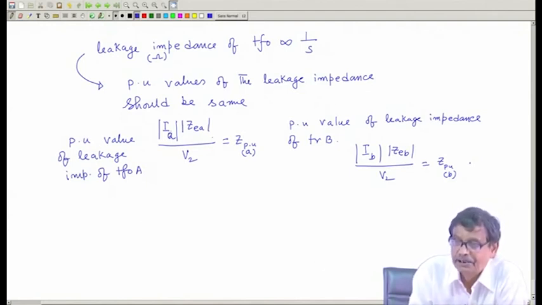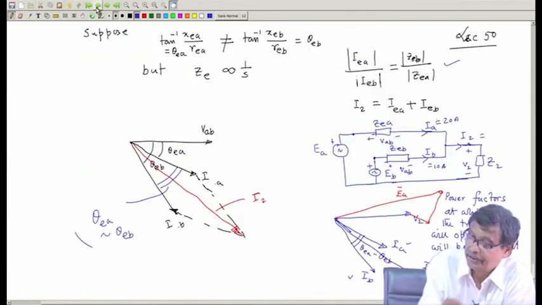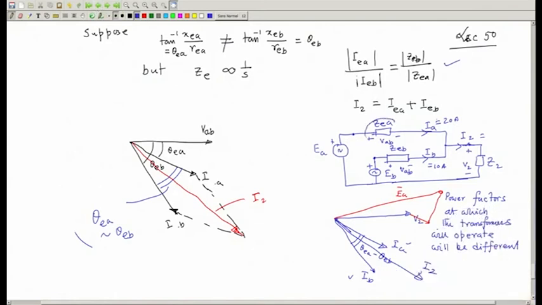What is IA into ZA? Voltage across ZA and voltage across ZB, there is no point in redrawing. Voltage across ZA and voltage across ZB in volts, they are same. This voltage minus this voltage is this voltage in case EA equal to EB.